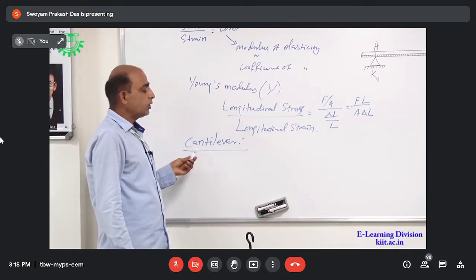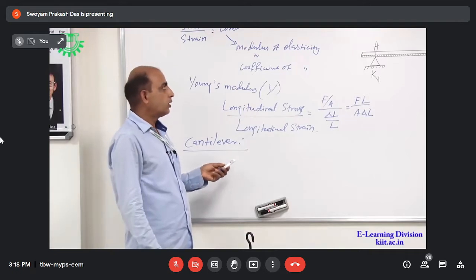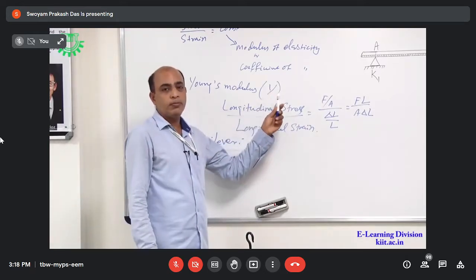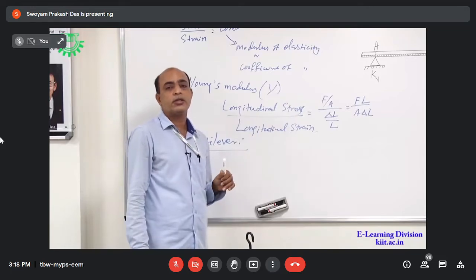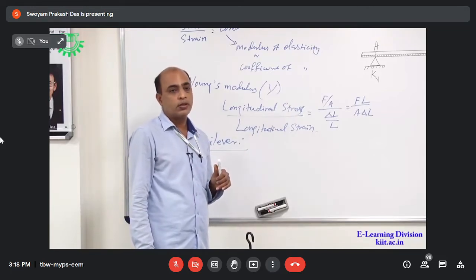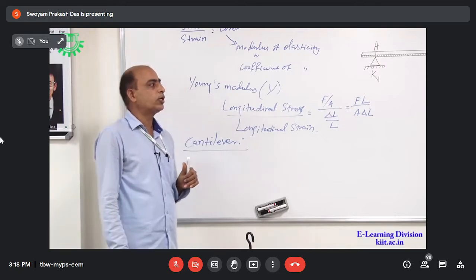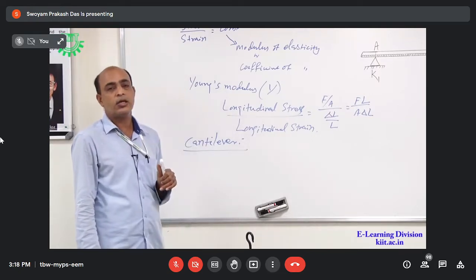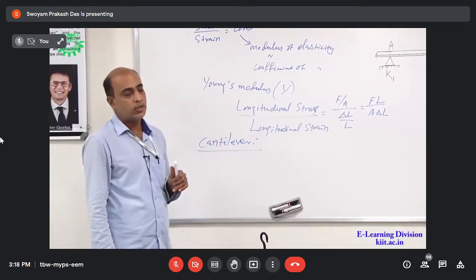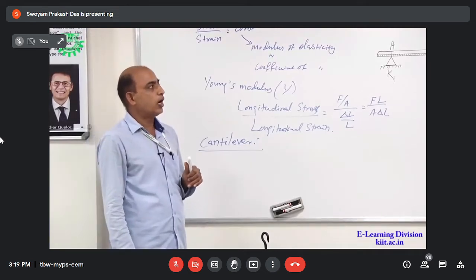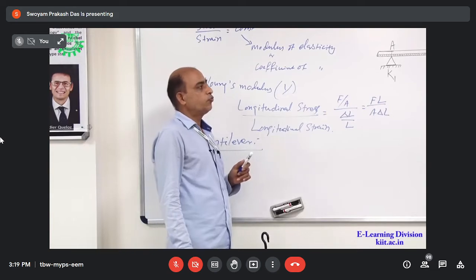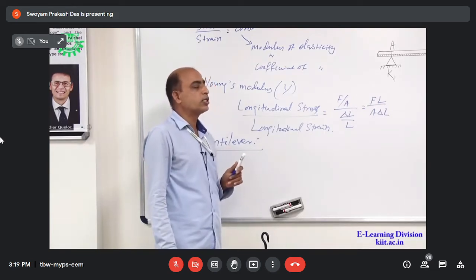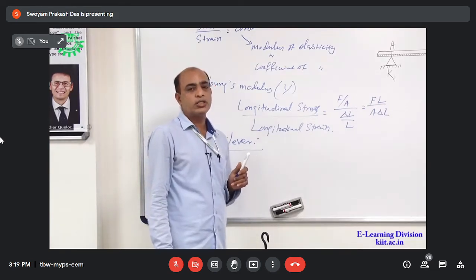But when a cantilever comes, then one end of the beam becomes fixed and the other end is loaded. When it is loaded at the other end, it takes the shape of an arc because of the restoring force or reactions taking place at the fixed end.